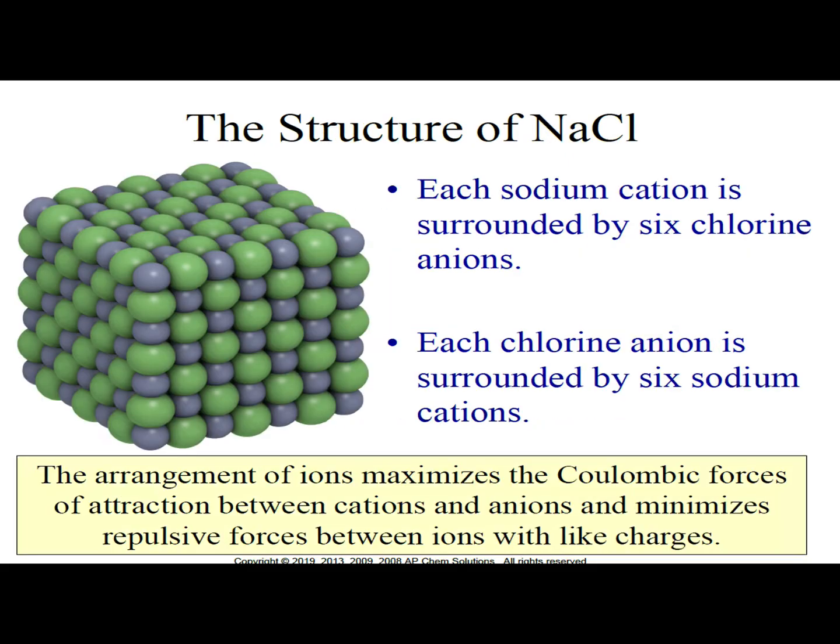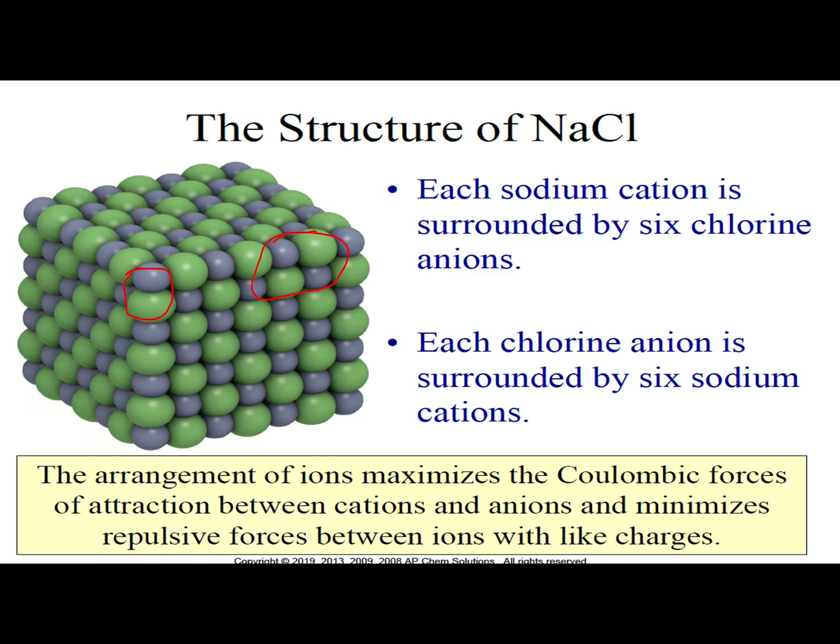Looking at sodium chloride, each sodium cation is surrounded by 6 chloride anions, and each chloride anion is surrounded by 6 sodium cations.